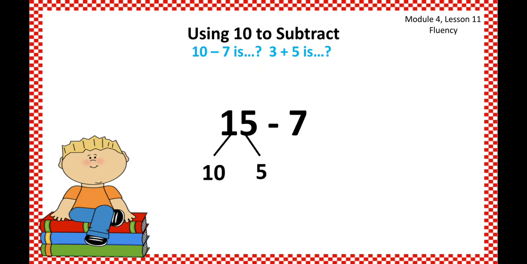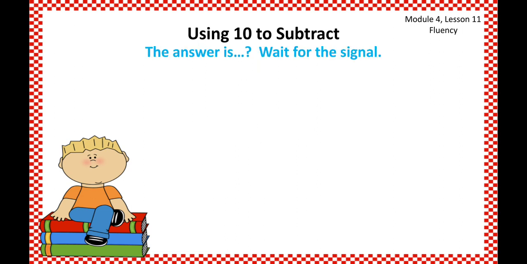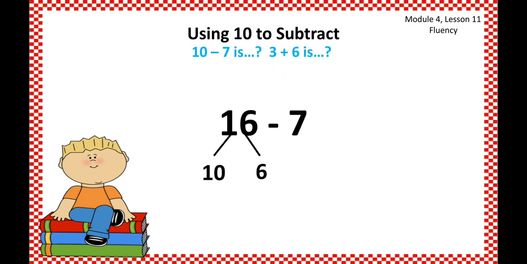So 10 minus 7 will give us 3. The 3 plus 5 will give us 8. Same thing goes with this. 10 minus 7 will give us 3. Then the 3 plus 6 will give us 9.